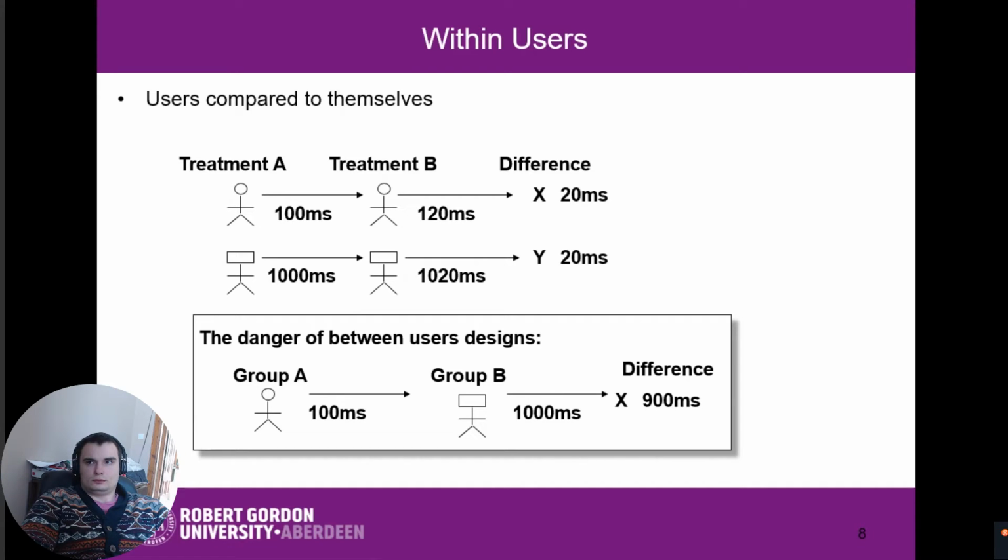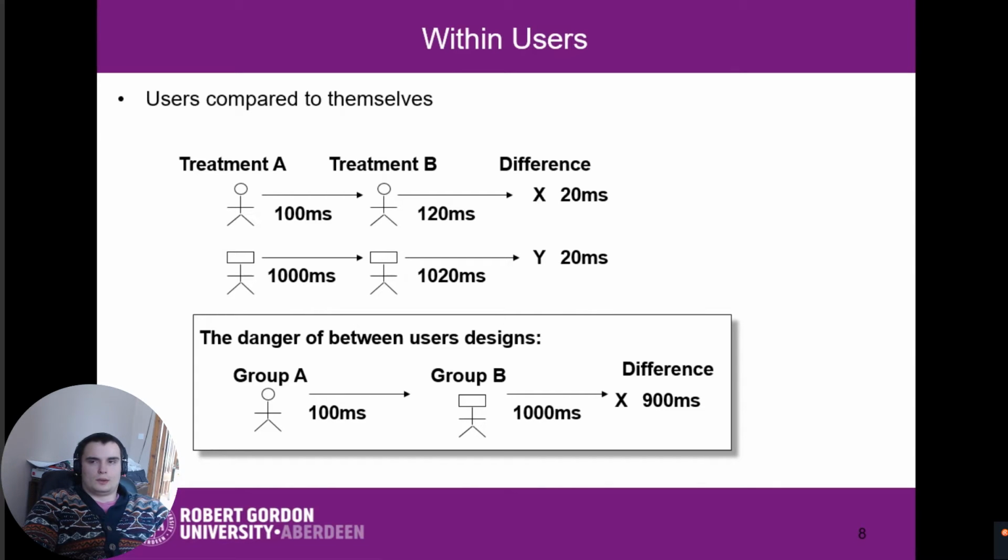If you used, on the other hand, a within groups design or repeated measures design, then you might look something like this. The round heads take 100 milliseconds to perform something in group A or interface A, and they take 120 milliseconds on average in group B, which means the difference between them is 20 milliseconds. The square heads are as slow as anything.